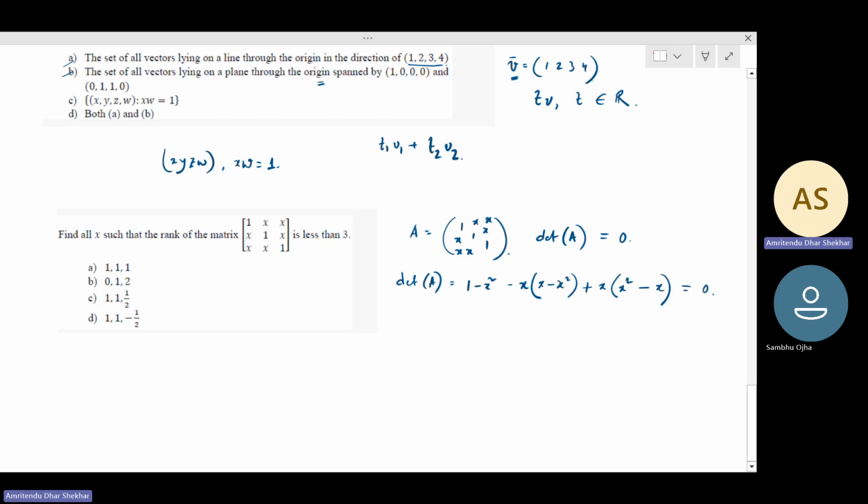This is set to 0. So you have 1 minus x squared, minus 2x squared, plus 3x cubed is equal to 0. So you have to solve for x.